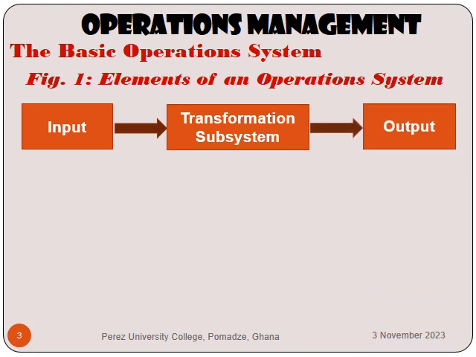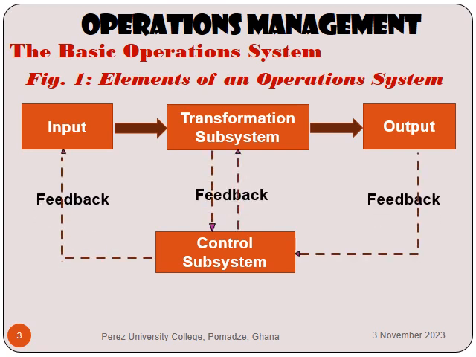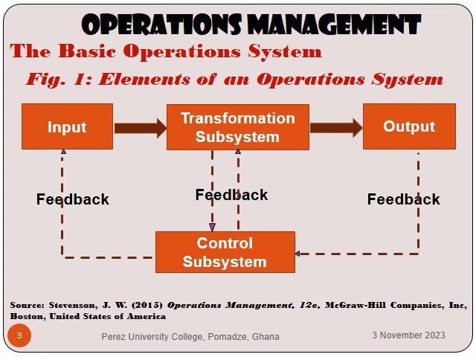After processing, an output of goods and services are generated. But for this processing to work effectively, 2 other elements are required. They are a control unit that ensures that the system works perfectly, and then feedback, which represents flow of information within the system. Now, let's look at the details of these elements.